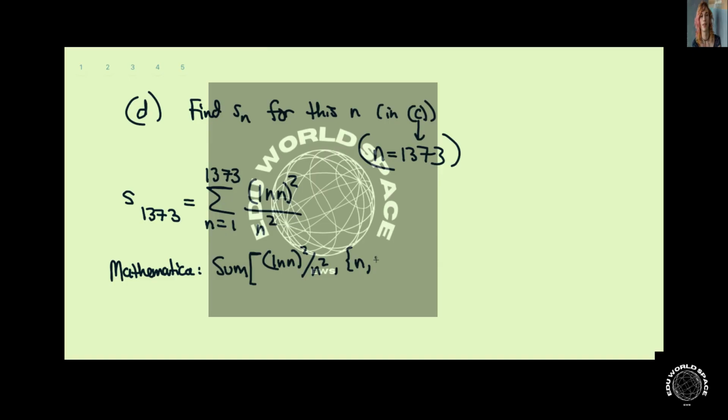We're starting at 1, ending at 1373. Close the braces, close the bracket. And in either case, when you enter this in and round off, we get this, and that's our answer for part D, and that resolves the problem.